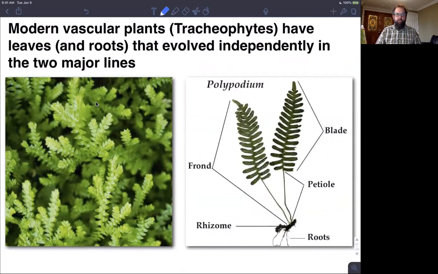Along with vascular tissue comes the evolution of leaves and roots. These evolved independently, and leaves evolved independently in these two major groups. The first group is the lycophytes, as I mentioned before, and lycophytes have microphylls.